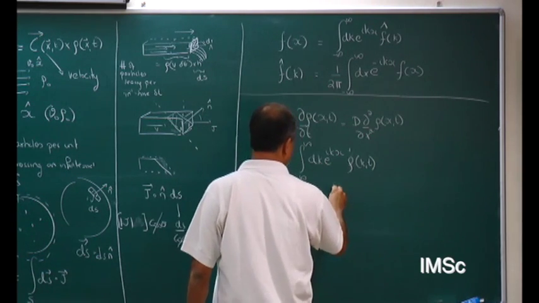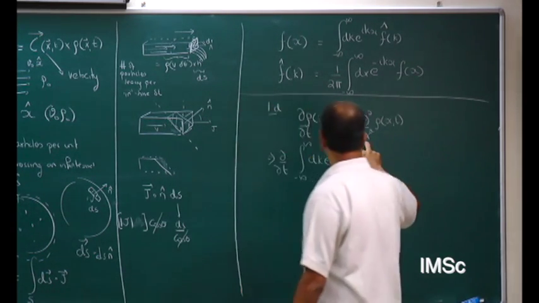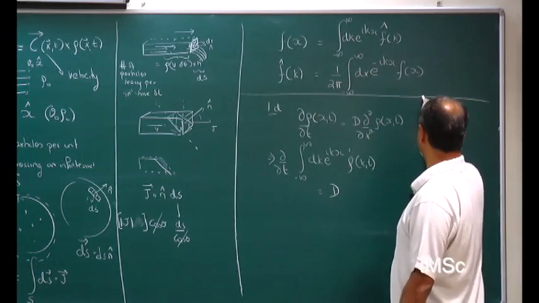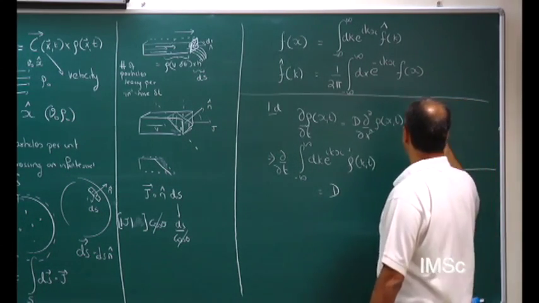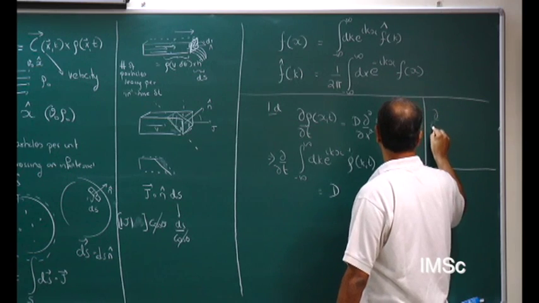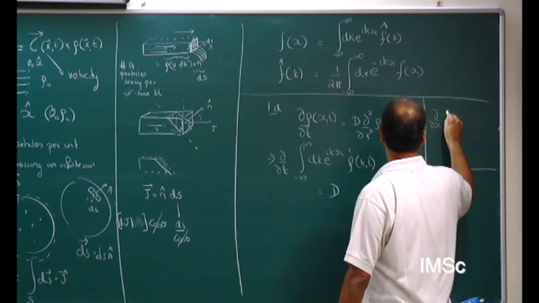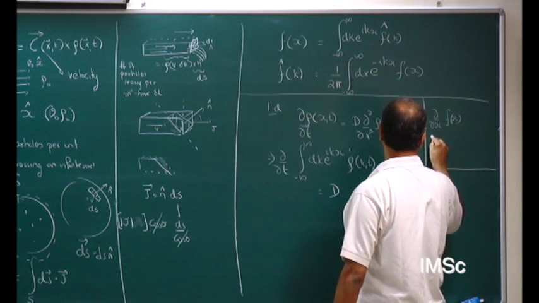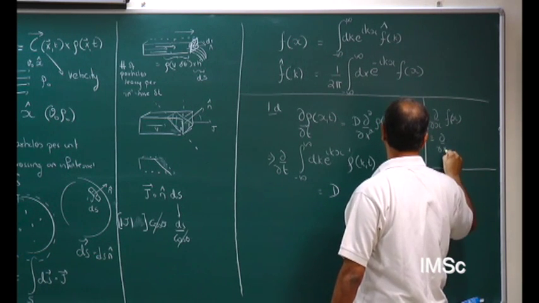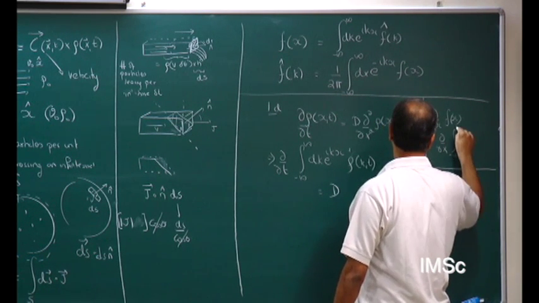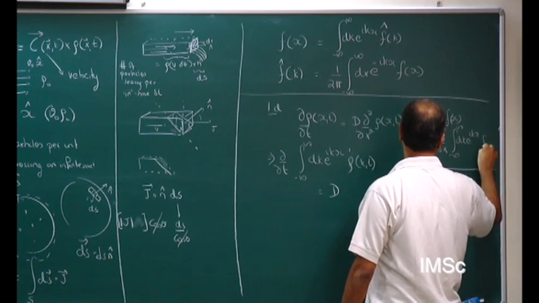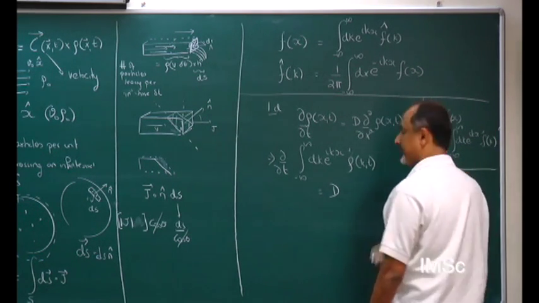So now on this side, let us write D here, and now I have the second partial with respect to x of rho of x and t. What does that look like? Notice that the partial with respect to x of f of x, look at this equation here, is the same as the partial with respect to x of the integral from minus infinity to infinity dk e to the ikx f hat of k. Correct?